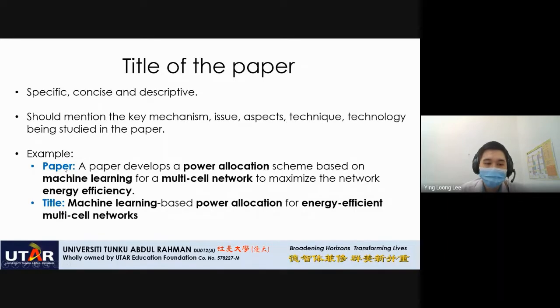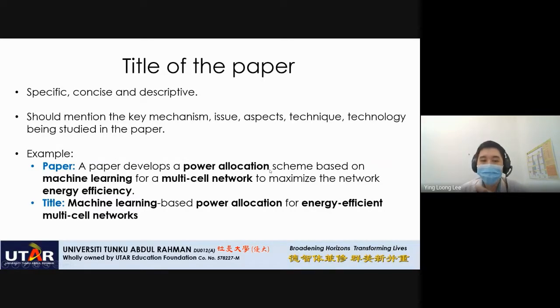Okay, so one example is here. Let's say a paper is trying to develop a power allocation scheme based on some technique like machine learning for some network, okay, multi-cell network, to maximize the network energy efficiency. Okay, so your title should consist of the key mechanism, which is the power allocation.